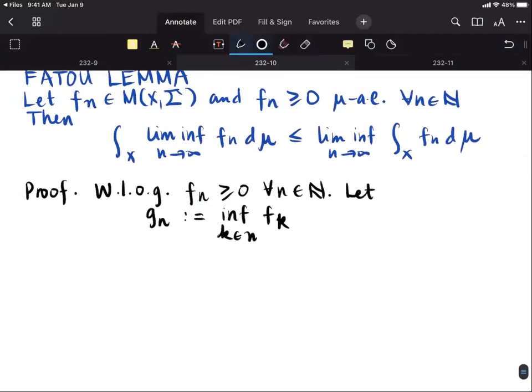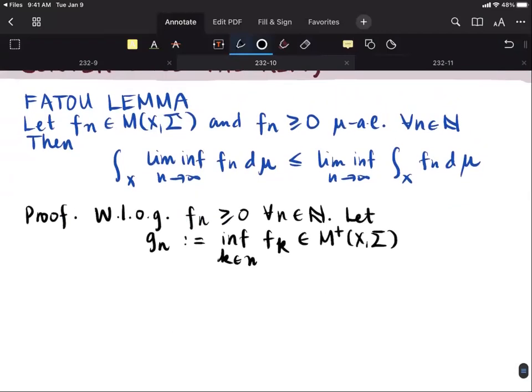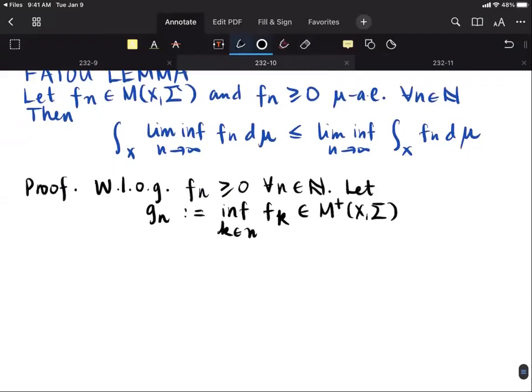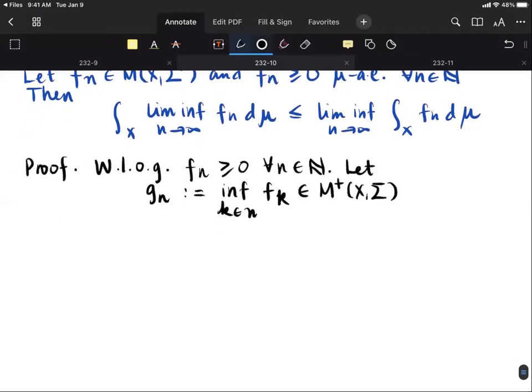Each f sub k is measurable, therefore the infimum is also measurable. And since we assume that the sequence of functions is now non-negative, this g sub n is also non-negative.